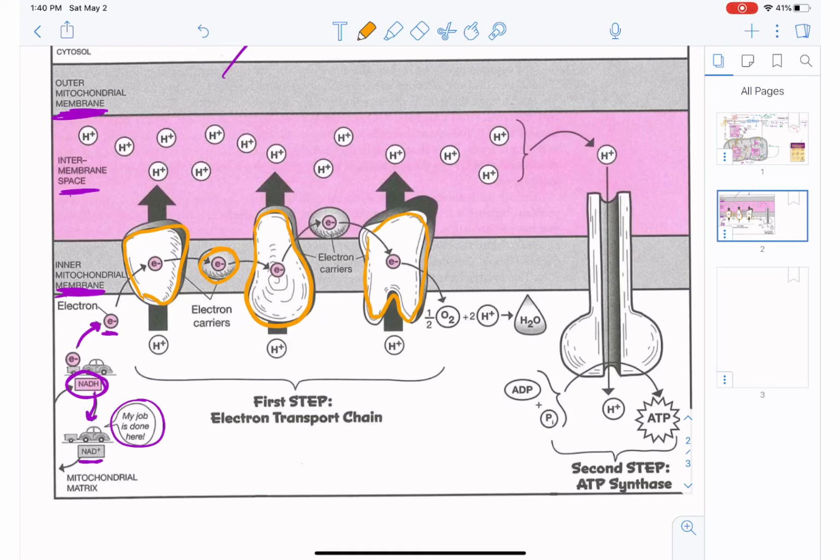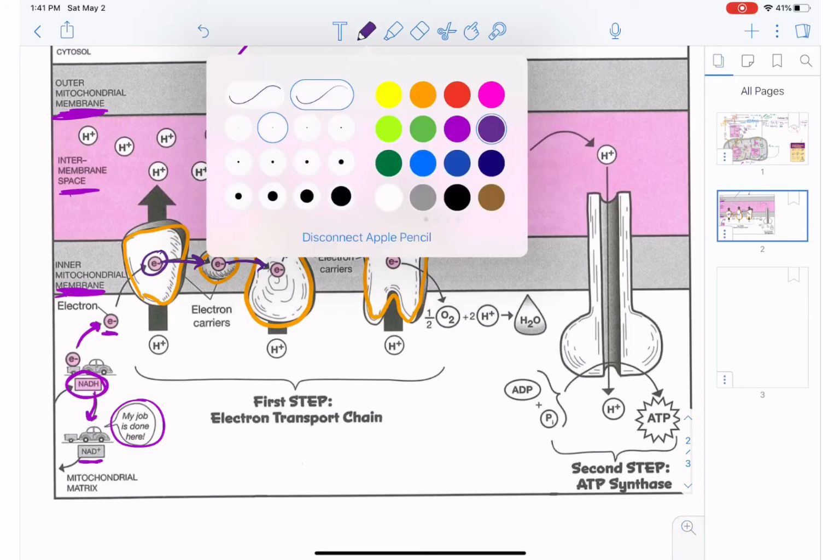And these electrons are shuttled through these electron carriers. And as they do, they give off energy. So the movement of these electrons through these electron carriers gives off energy.